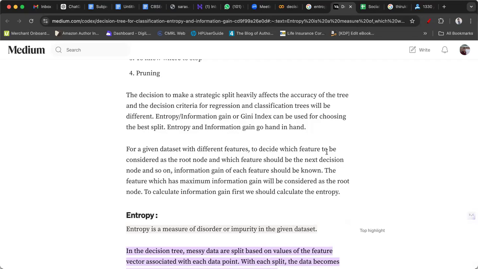If you are talking about classification in decision trees, the criteria are entropy and information gain, or the Gini index. We'll be discussing these, which can be used for choosing the best split. Entropy and information gain go hand in hand.